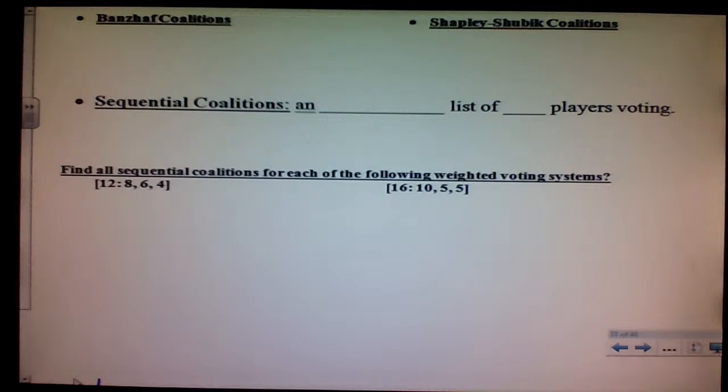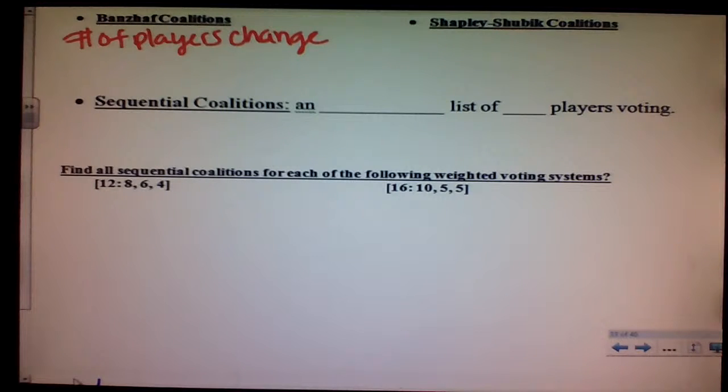Okay, so yesterday we talked about Banzhaf coalitions. No one likes that one. Some things about it: the number of players changes in a Banzhaf coalition.